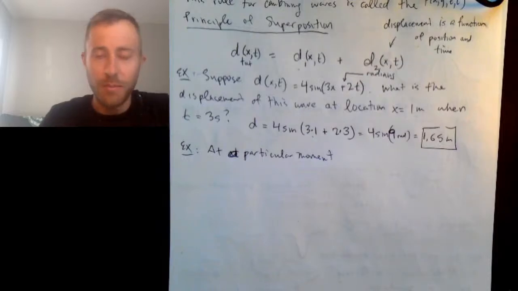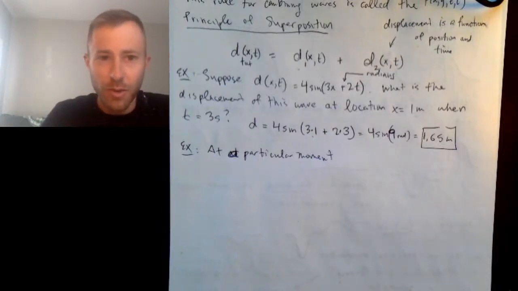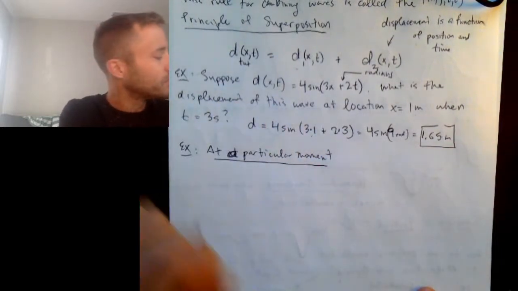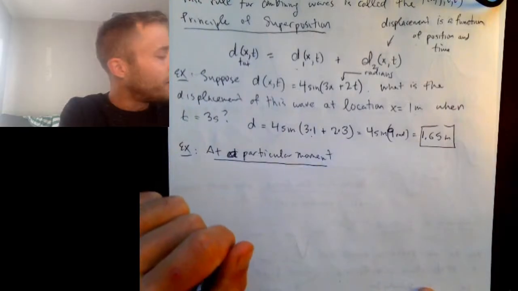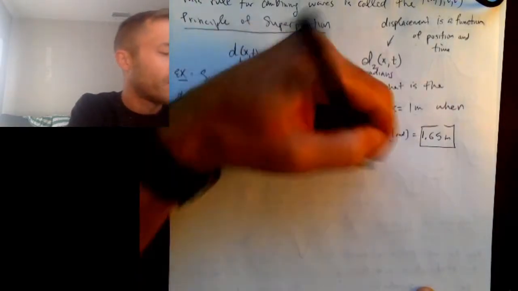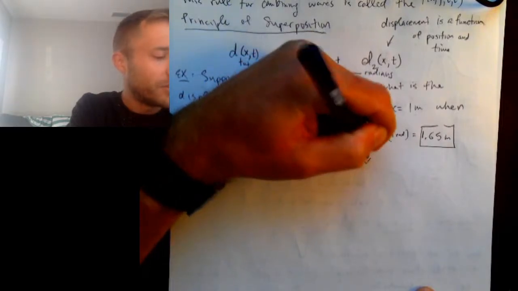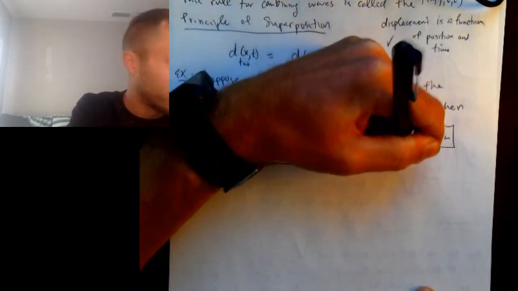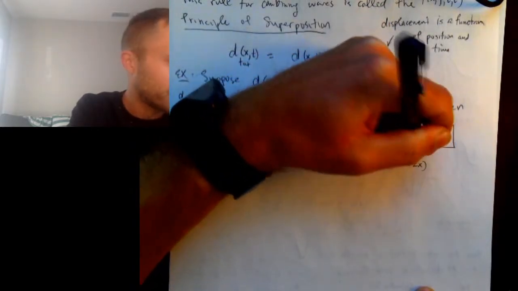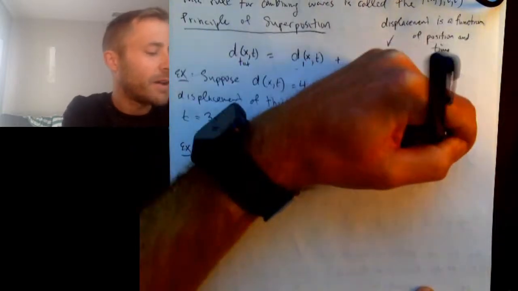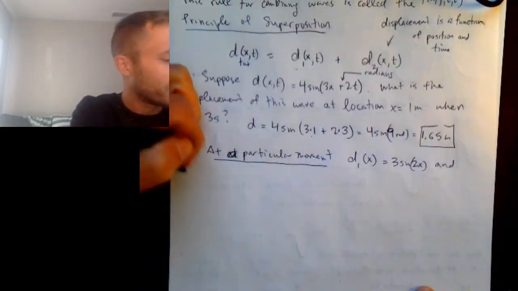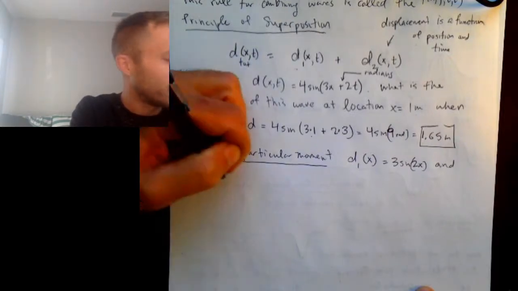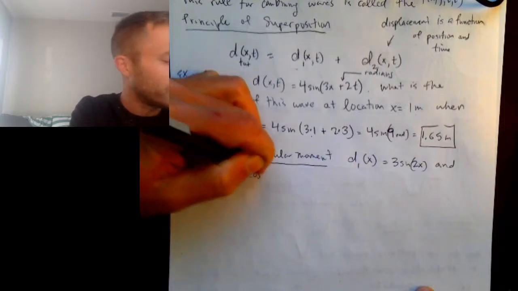Waves don't just stay the same. They have to wiggle. Otherwise, it's not a wave. So at a particular moment, wave 1 has a displacement as a function of position equal to 3 sine of 2x, and wave 2 has a function of position that is minus cosine of 2x.